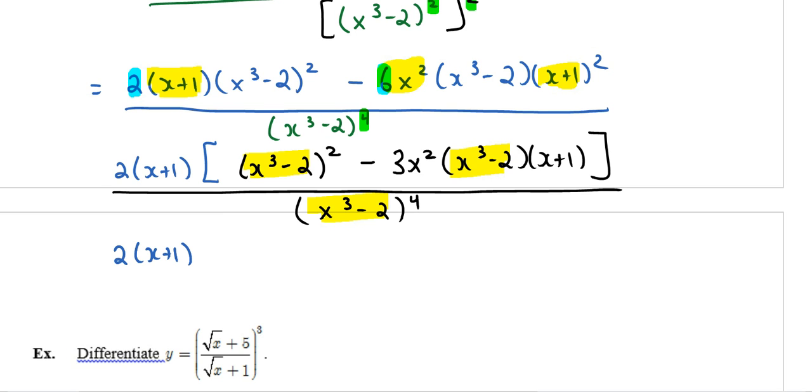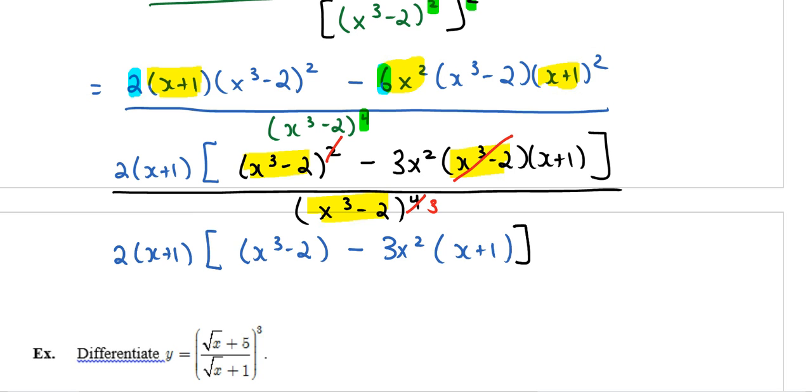Now if I cancel out x cubed minus 2 from everything that's highlighted in the yellow boxes there, I'm simply just going to be left with bracket x cubed minus 2 minus 3x squared times x plus 1. So you'll notice that this whole thing can cancel off, that will cancel off, and this will cancel off to be a 3. And then I'll close that bracket off, all divided by just x cubed minus 2 to the power of 3.